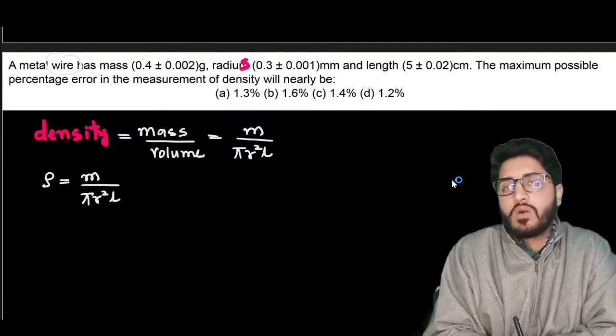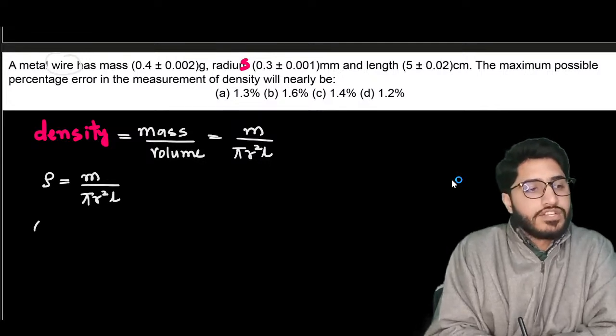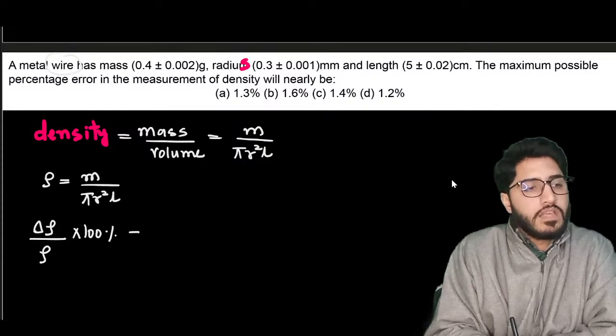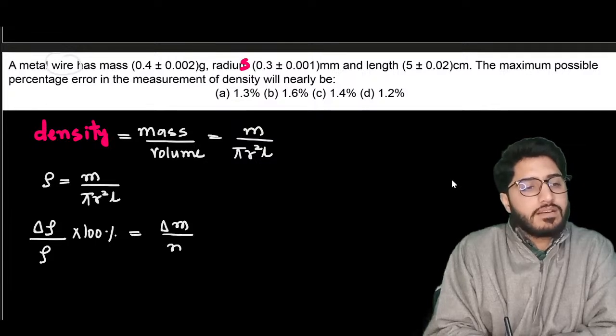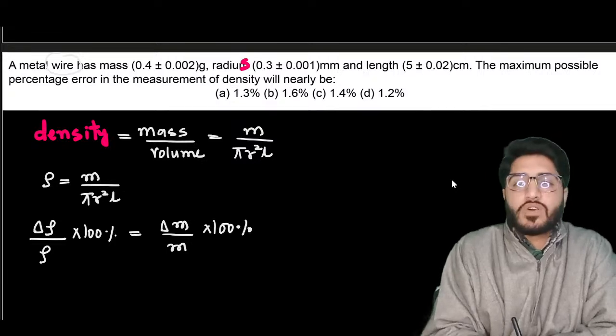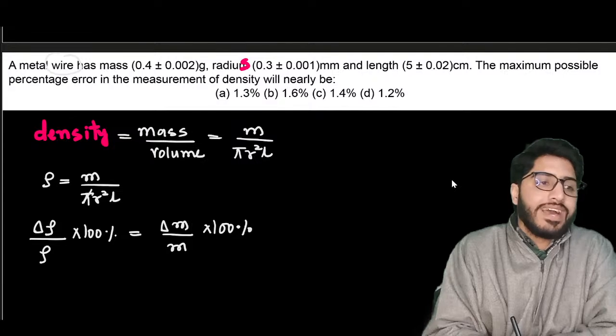Now we need to find out the error in the density. So I can write change in density divided by density. We have to find out the percentage error, multiplied by 100, equals delta m by m into 100. Then pi is a constant term, so there is no error in pi.